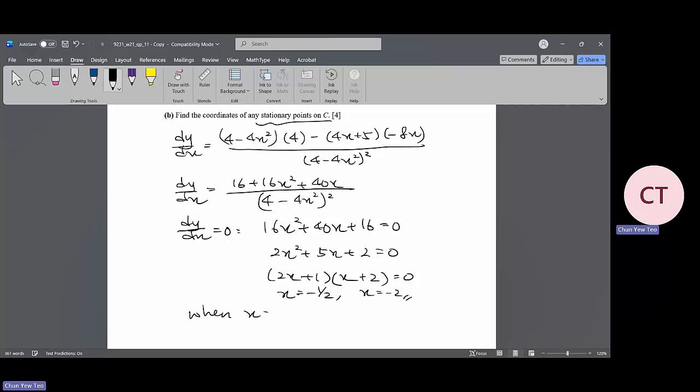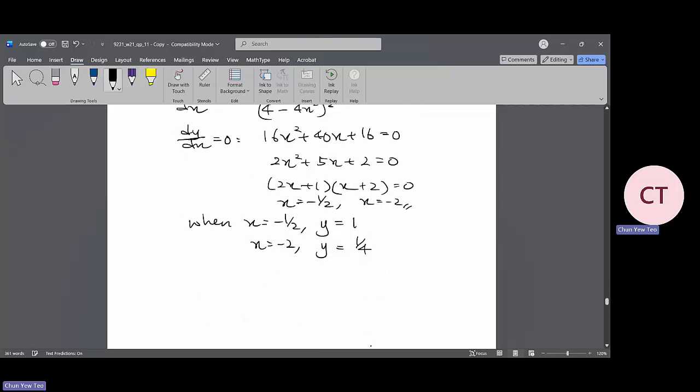So when the x is negative half, just use your calculator. When the x is negative 2, also just use your calculator. You press the calculator yourself, then you will get this one as 1, this one as 1 over 4. So therefore, the stationary points will be negative half, 1 and negative 2, 1 over 4.